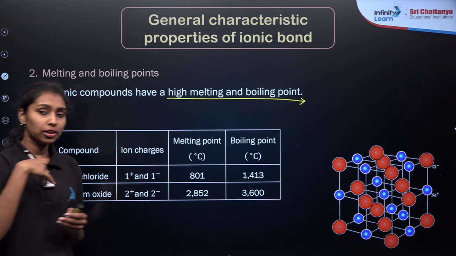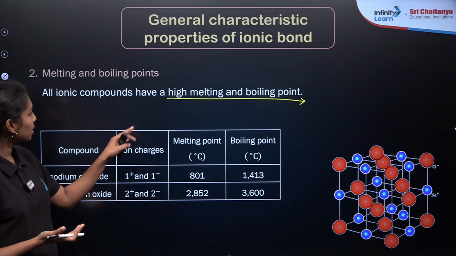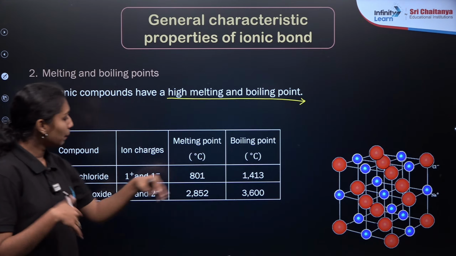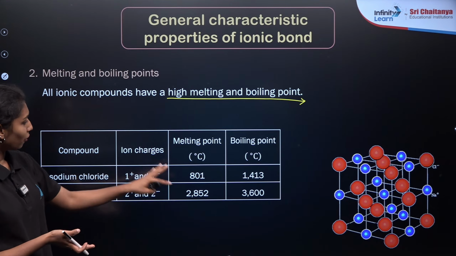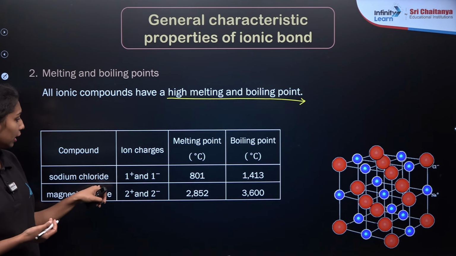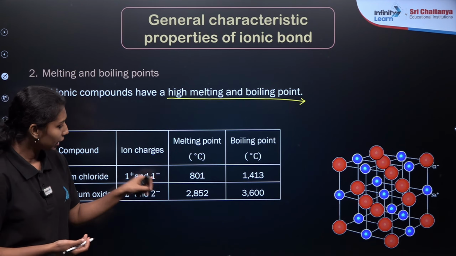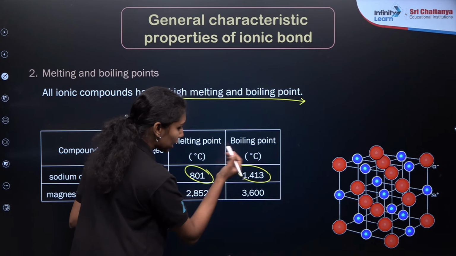In the case of covalent compounds, they have very low melting and boiling points, right? But ionic compounds have high melting and boiling points because of their force of attraction. Here, values are given for ionic compounds like sodium chloride. They have the ionic charges 1+ and 1-. The melting point is 801 degrees Celsius, and the boiling point is 1413 degrees Celsius, right?